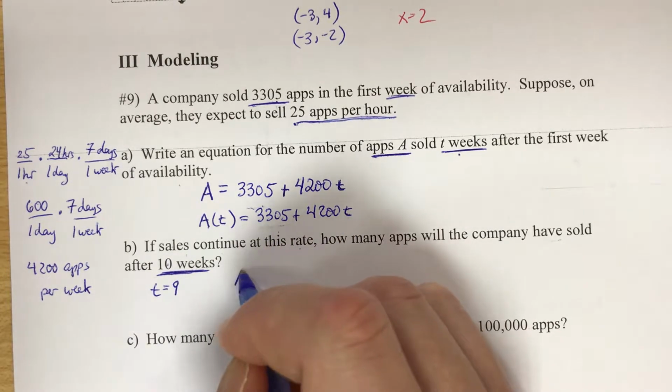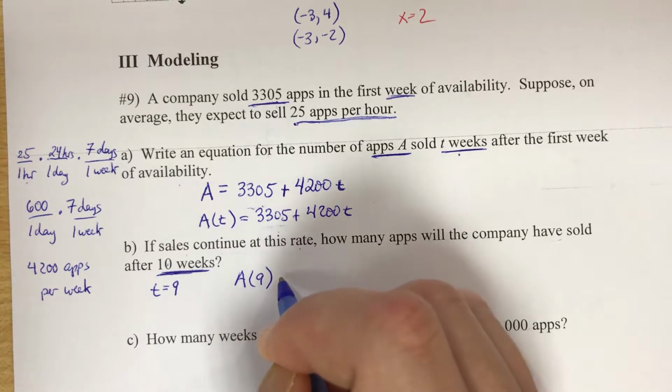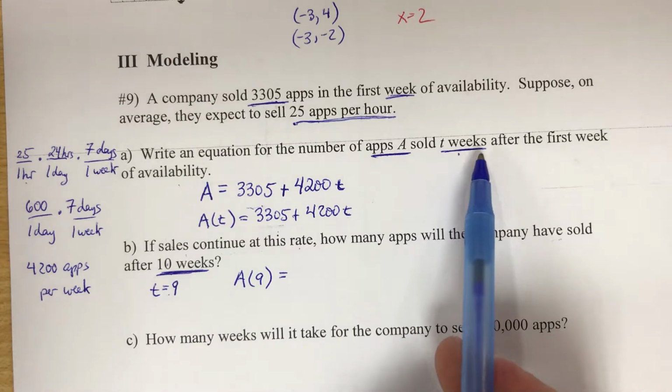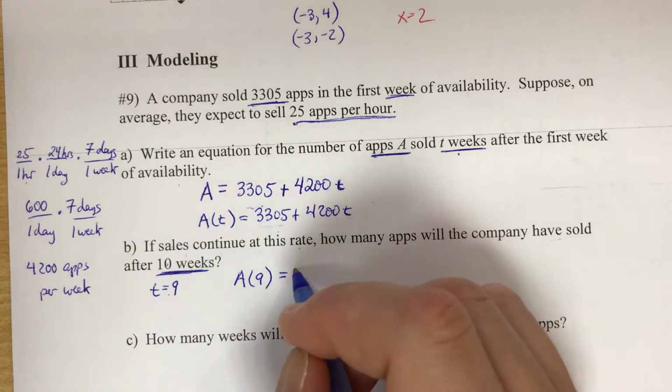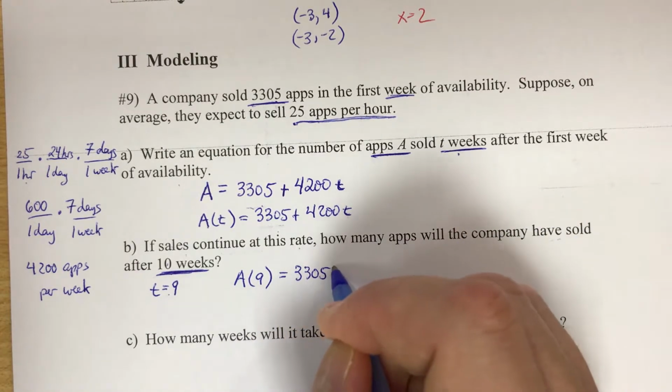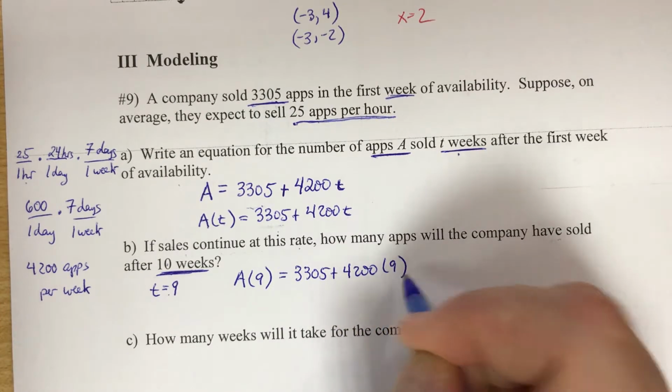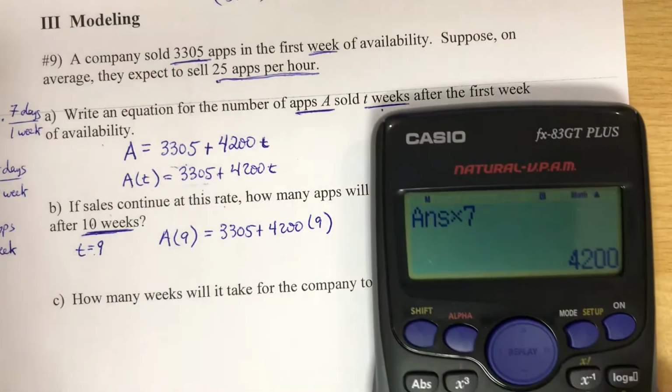So for T weeks after the first week, it would be 3,305 plus 4,200 times 9. And now this is a calculator problem.